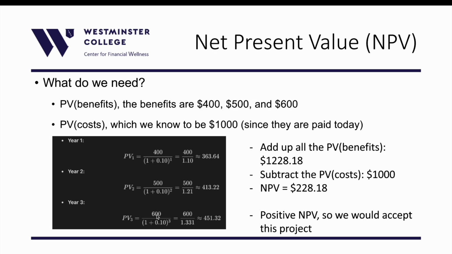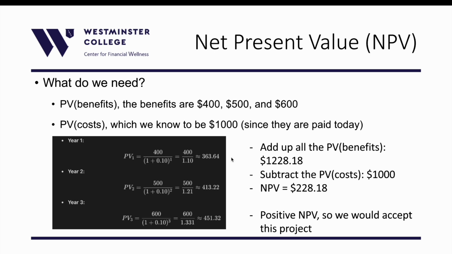Now I went ahead and wanted to show what's going on inside the calculator when we are doing an NPV calculation or any present value calculation. I just wanted to show what's going on so that you could have some intuition about what's going on in the background when you're putting things into the calculator. So for year one, we see here that the amount we received is $400, which is consistent with what we know. And then it's being discounted at a 10% rate, and it's 1 year in the future.